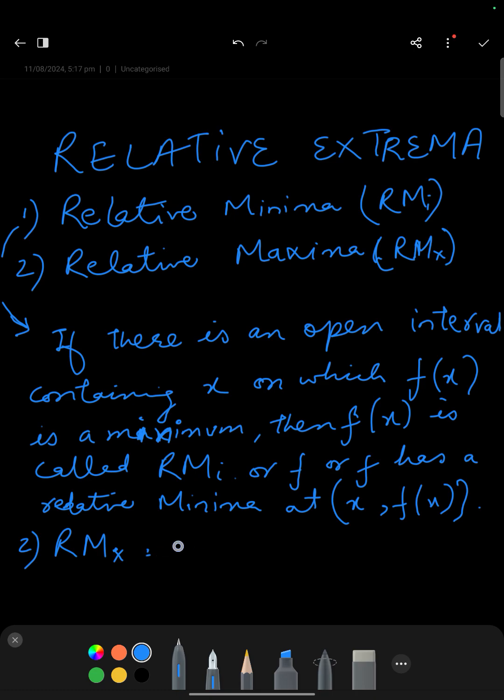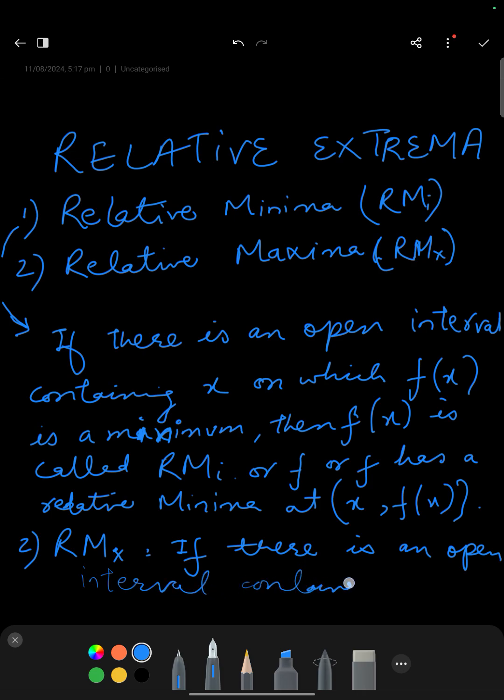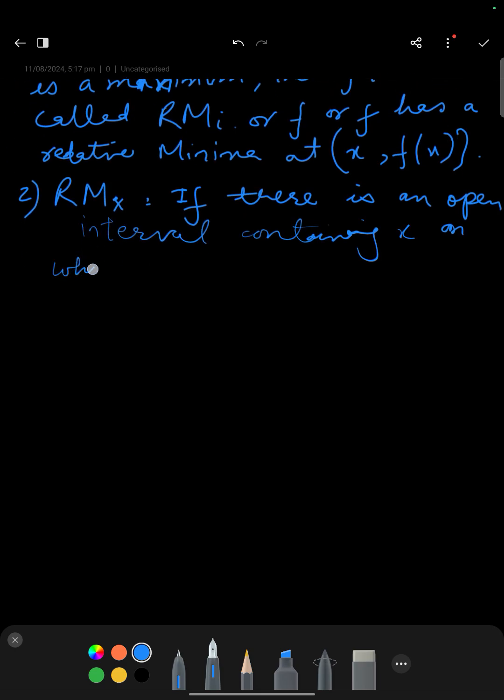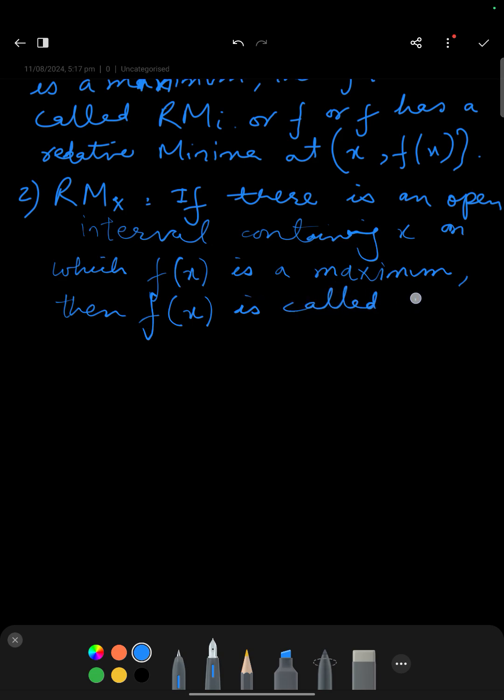It means if there is an open interval containing x on which f(x) is a maximum, then f(x) is called the relative maximum of function f.